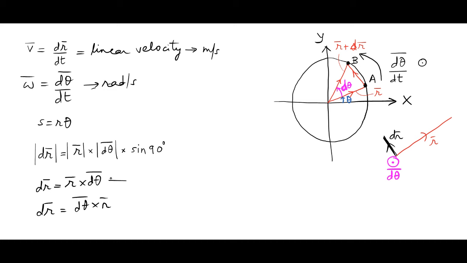If it were this, and you know that the angle between r bar and d theta bar is 90 degrees, then the mod of dr bar would be the mod of this into the mod of this into sine of 90 degrees. And if this were the correct relation, you do the same thing. Mod of dr bar is mod of d theta bar into mod of r bar into sine of 90 degrees. So it's either this or that. It's not sure at this stage, and that's exactly what we want to find out.